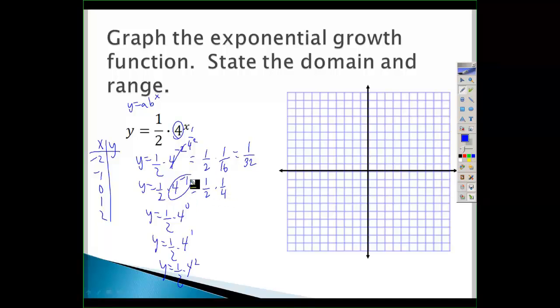This guy is really 1/4. If you multiply straight across, 1/8. 1/2 times 4 to the 0, that's 1/2 times 1, which is 1/2. 1/2 times 4, if you cross cancel, really that's 4/1, you get 2. And finally, 1/2 times 16, you get 8.